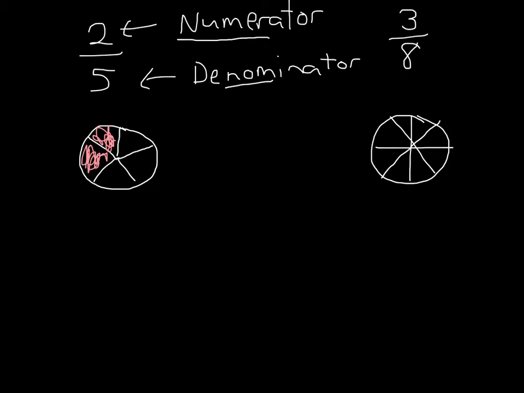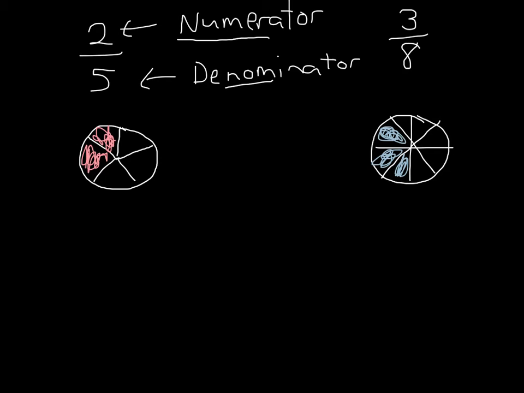Something you'll notice, this is interesting, what's smaller, fifths or eighths? This is interesting. 5 is smaller than 8, but when we're cutting, that means we're cutting the same whole into more pieces. Eighths are actually much smaller than fifths, right? And if we shade 3/8, what we have to ask ourselves is, which number is smaller? 2/5 or 3/8?